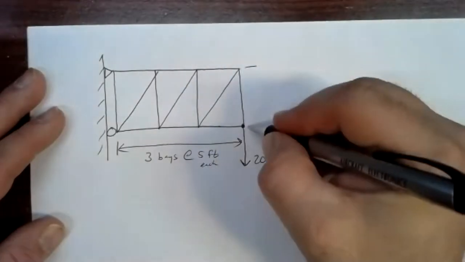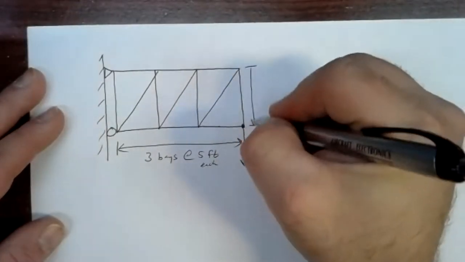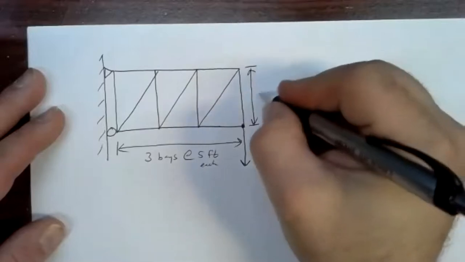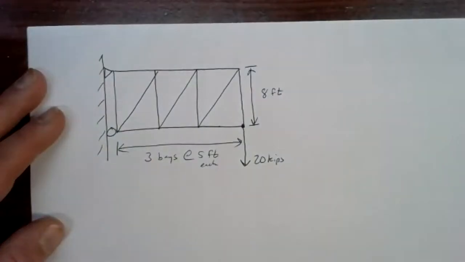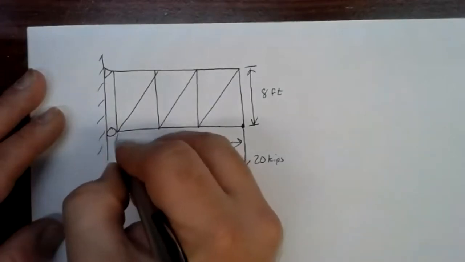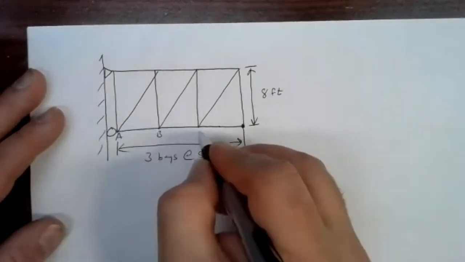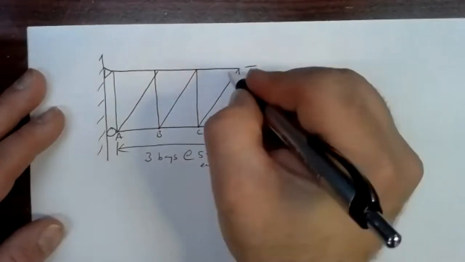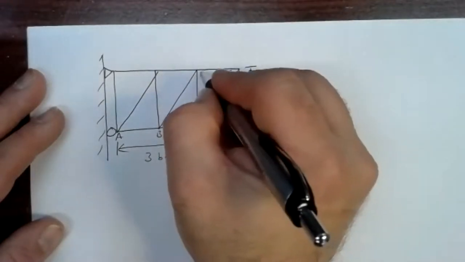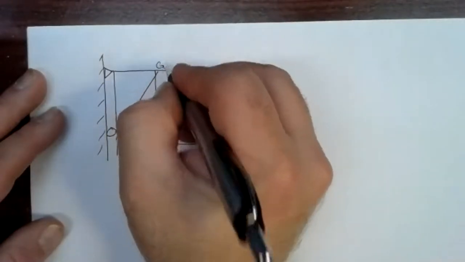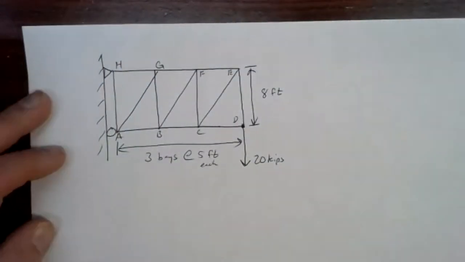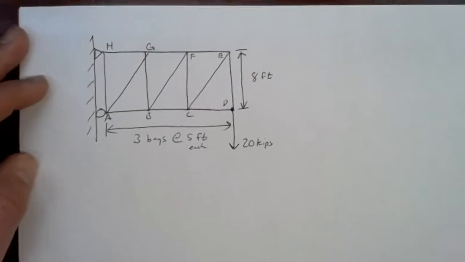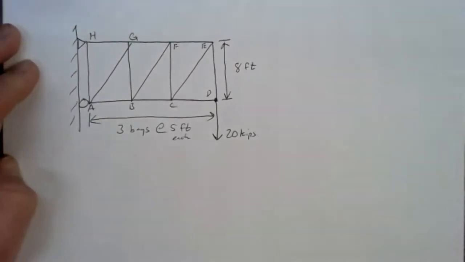And we'll have our vertical section here at 8 feet. And we'll label out some of the joints here: A, B, C, D, E, F, G, H. All right, so there's our problem.